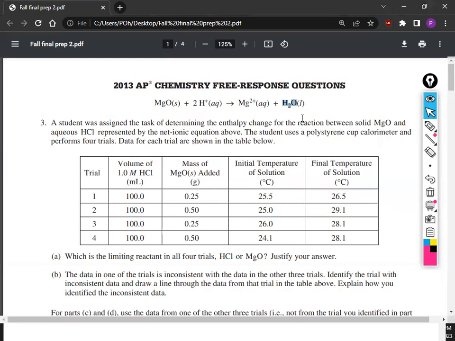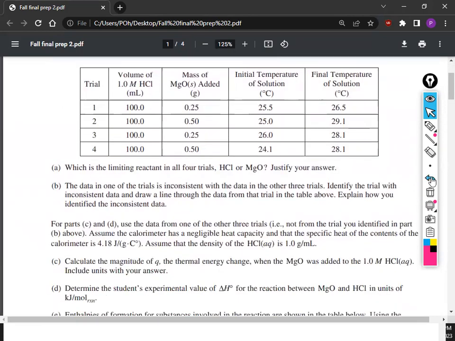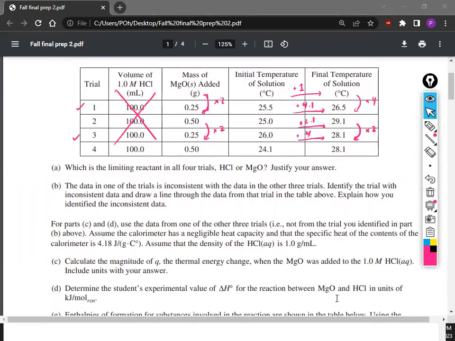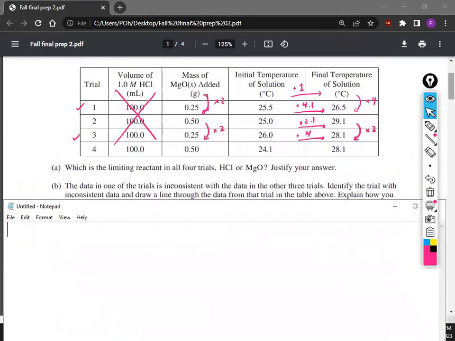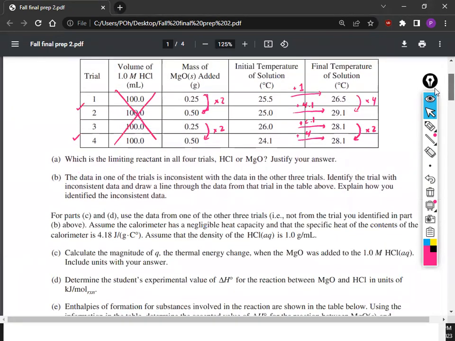So what kind of relationship will it have with the energy? Yeah, it's going to be a 1 to 1 ratio. So if we take a look at our data, we can tell that it's not going to have an exponential relationship if you double the mass. So the one that does not work is 1. 1 is the inconsistent one. Okay, make sense? Yes.